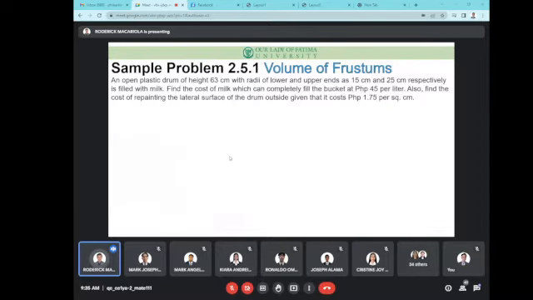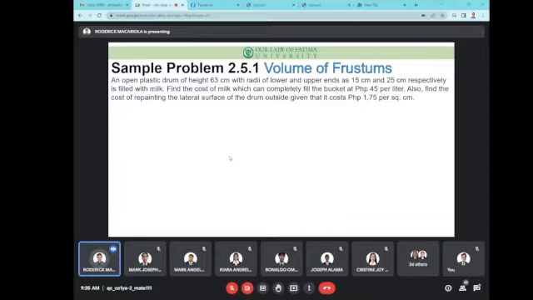So, moving forward, we have here the last problem for the day. We have here an open plastic drum of height 63 centimeters. Open plastic drum daw siya, so medyo hindi siya ganun kalakihan, with a radius of lower and upper ends at 15 centimeters and 25 respectively. It is actually going to be filled with milk.